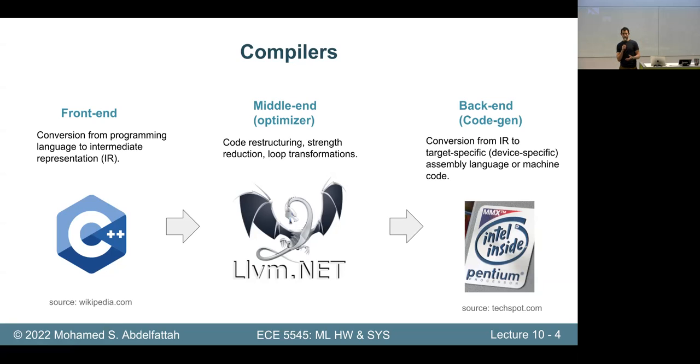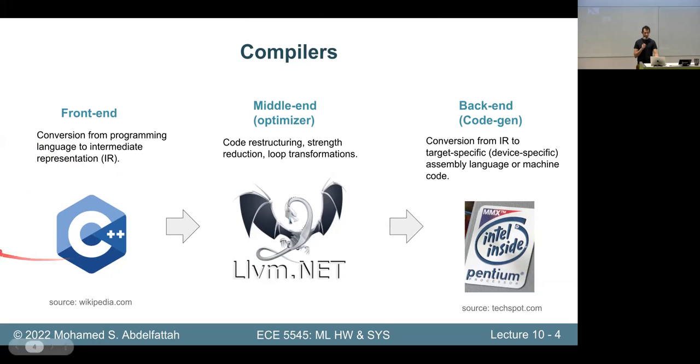Now it converts it to something called an intermediate representation. It's a kind of assembly, or at least lower level than your C++ code, or definitely your PyTorch or Python code. But it's much easier to run optimizations on this intermediate representation.